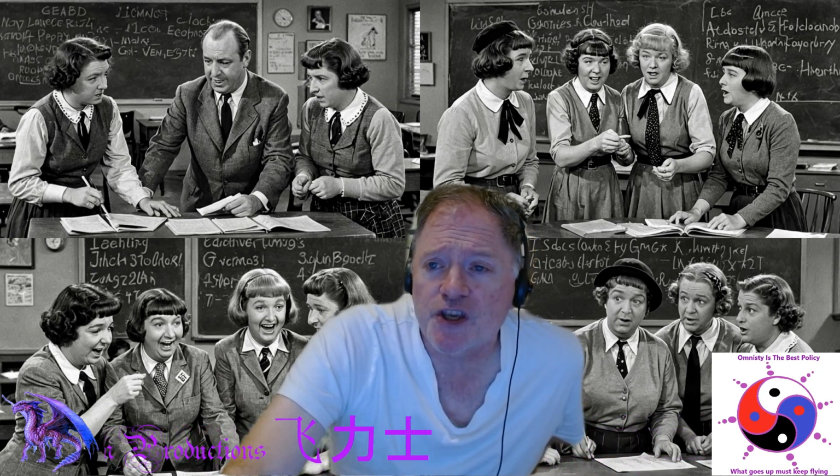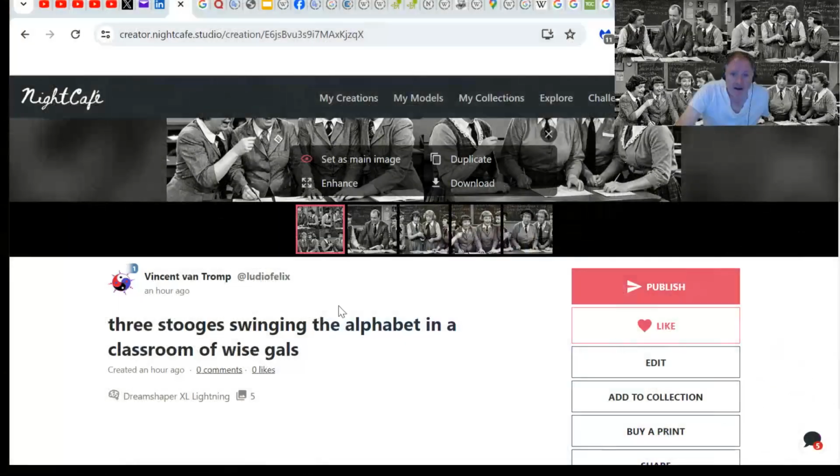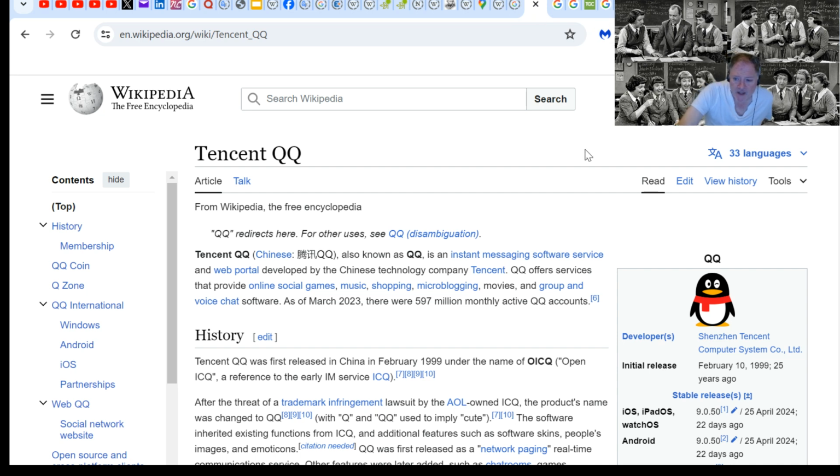Okay, so QQ, if you were not aware, let's go shift over and look at some of the tabs I've got up. Are you seeing that?